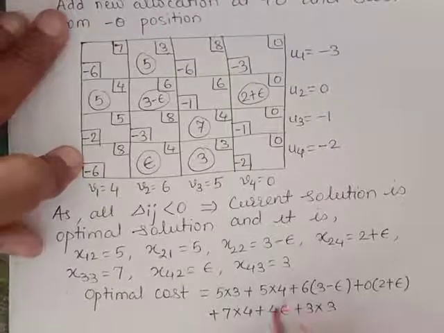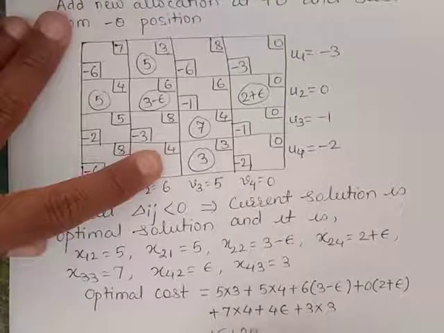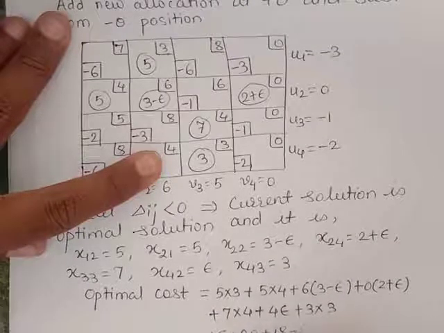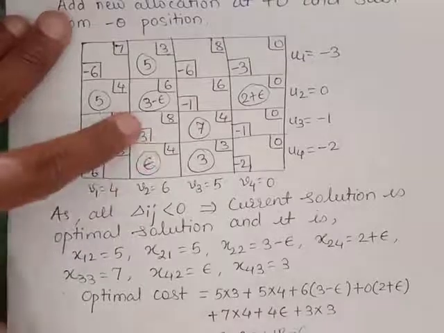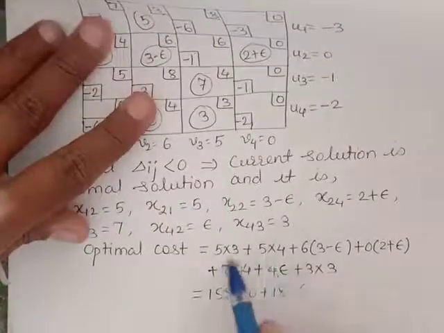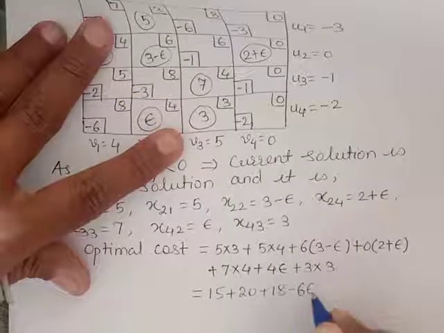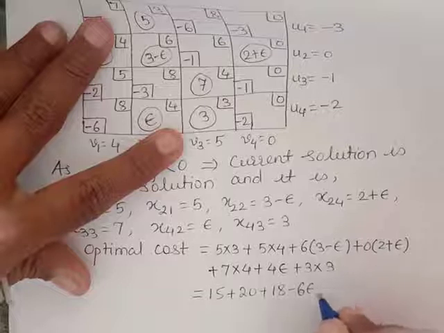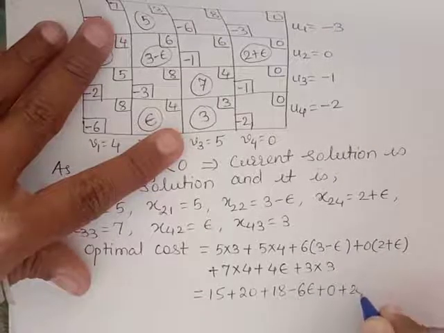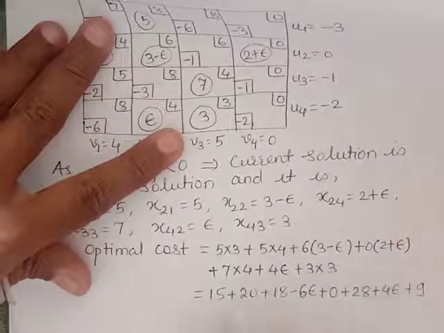So it will be, this is 15 plus 20 plus this is 18 minus 6 epsilon plus this is 0 plus 28 plus 4 epsilon plus 9.